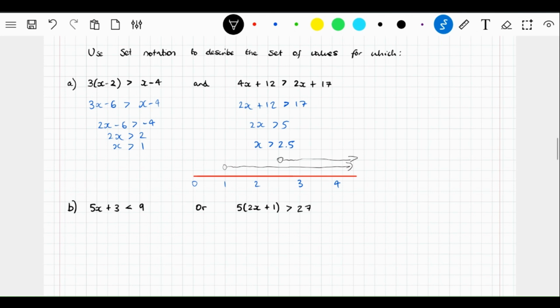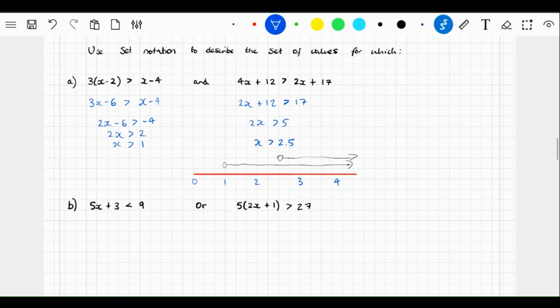So basically, we know that the set of values is going to be x is greater than 2.5, because in x is greater than 2.5, x is greater than 1 is already included. So what we're going to write in our set notation is the way to do this.